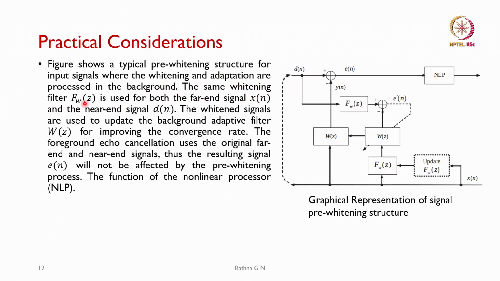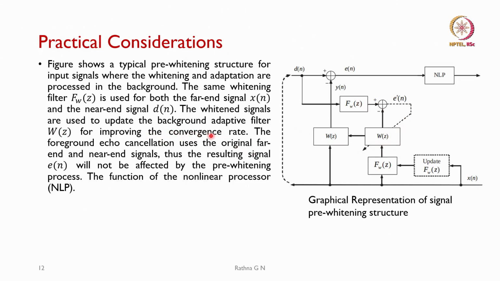The same whitening filter, F_W(z), is used for both the far end signal x(n) and the near end signal d(n). The whitened signals are used to update the background adaptive filter W(z). So, based on it, you will be updating the weights of your filter.